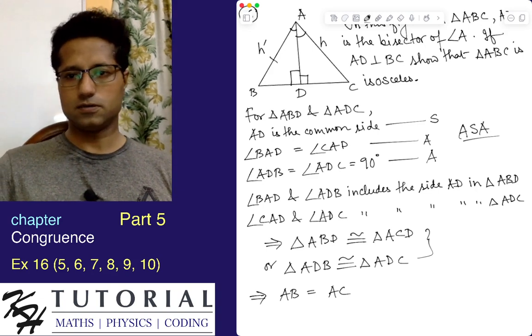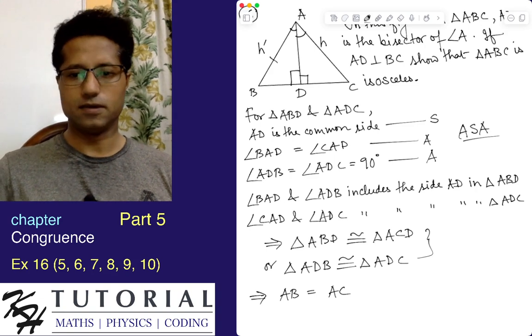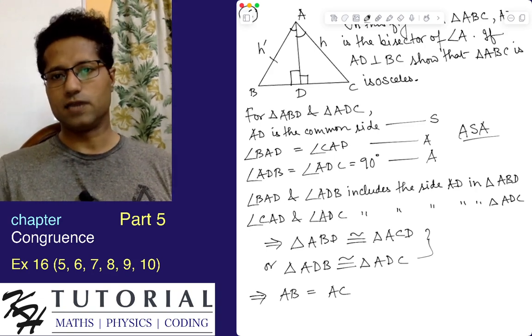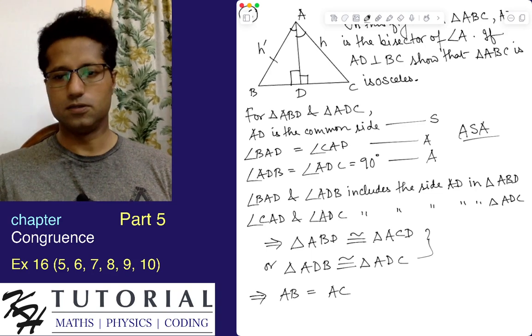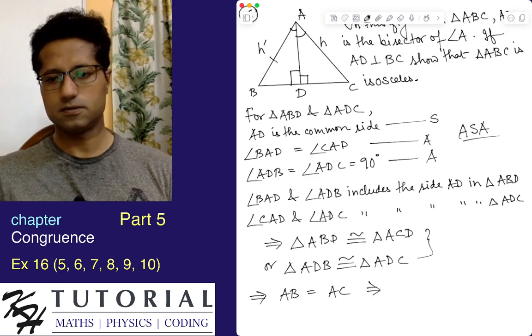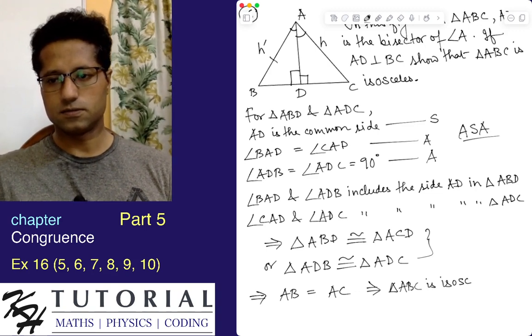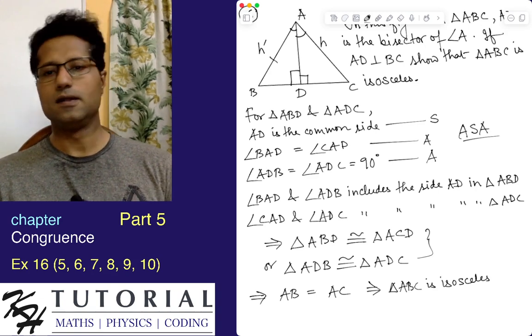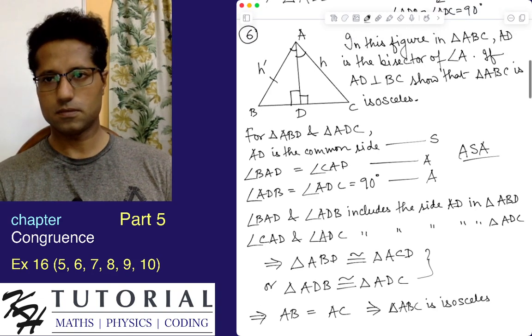From the congruence relation of triangle ADB and triangle ADC, the length of the side AB of triangle ABD will be equal to the side AC of triangle ADC. This implies triangle ABC is isosceles, because AB and AC are the two sides of the triangle ABC. Okay, hence proved.